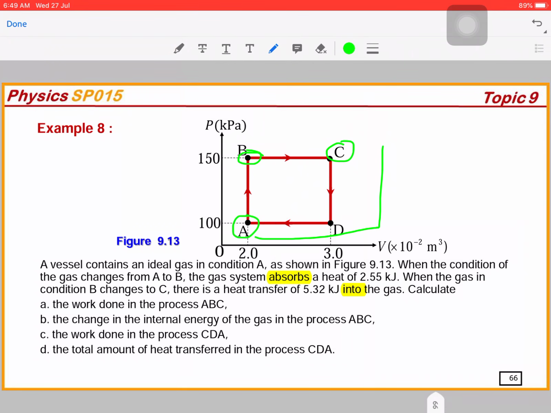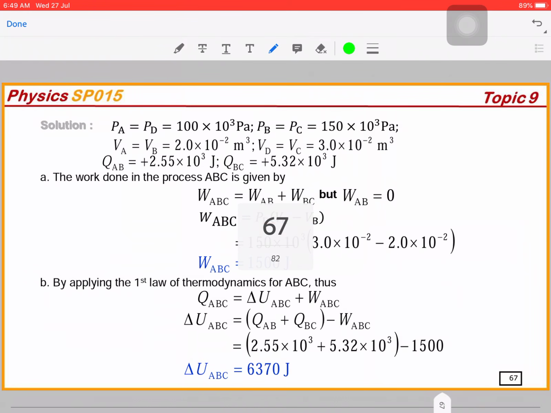AB, there is no change in volume. So when there is no change in volume, our work is 0. So WABC equals WBC. So just insert into the equation P(VC minus VB), and you will get 1500 joule.